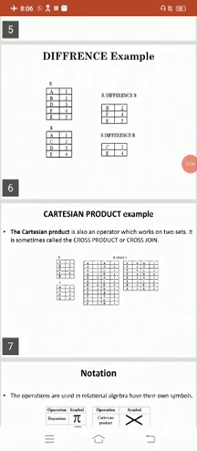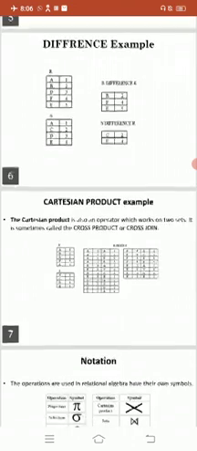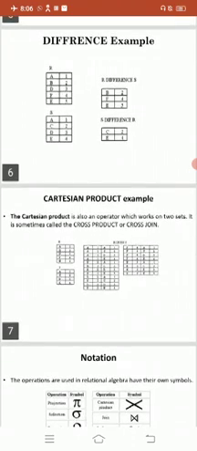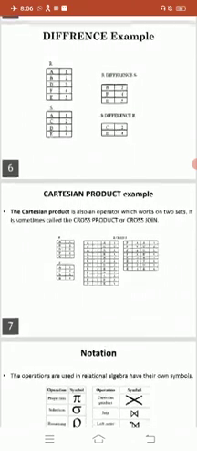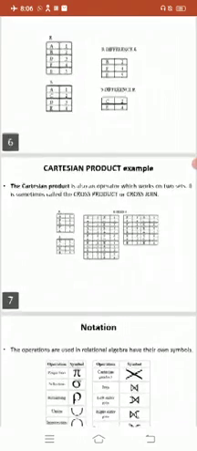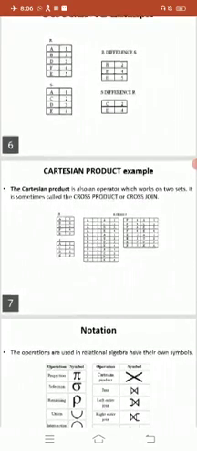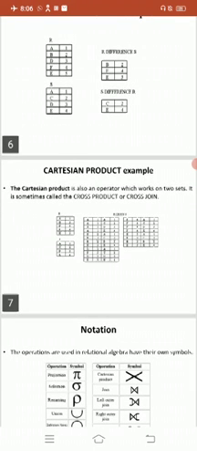So next, what is Cartesian product? Cartesian product is an operator which works on two sets.